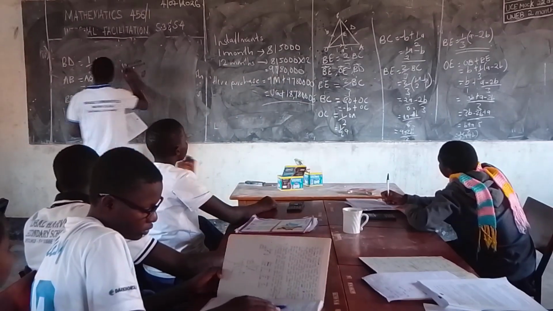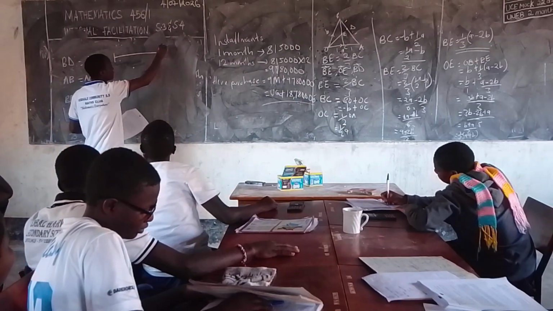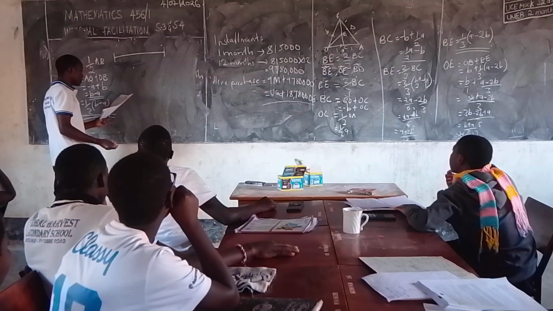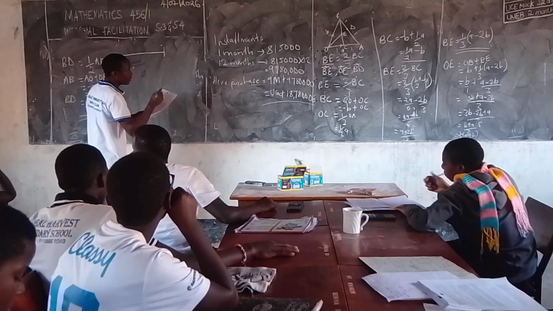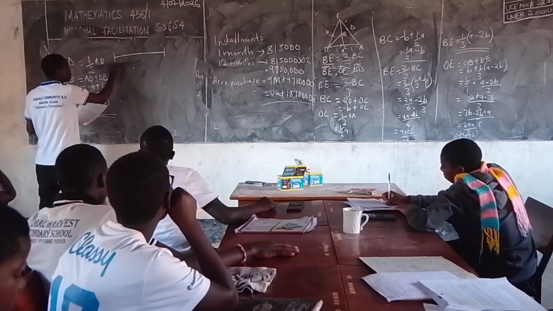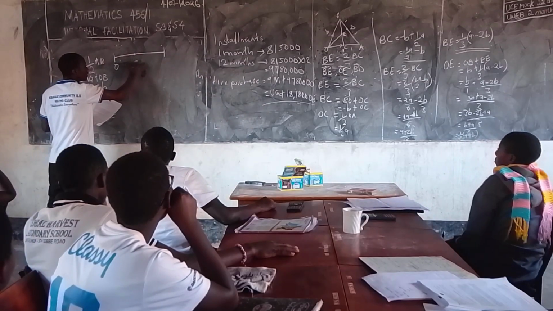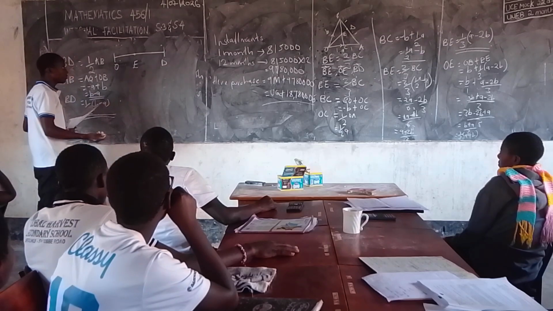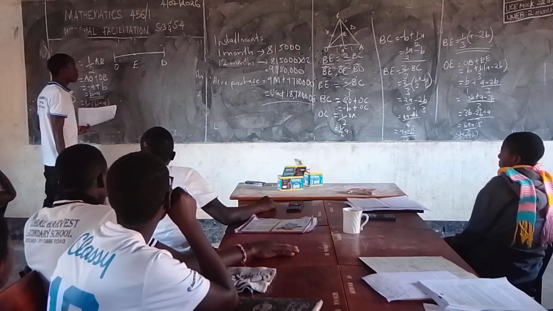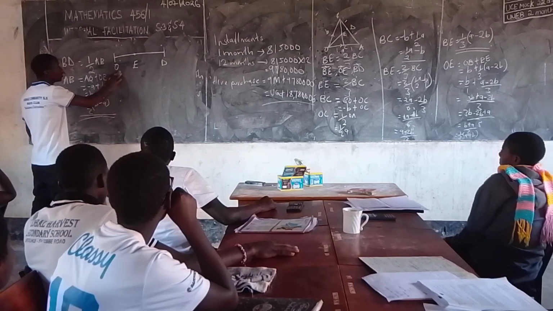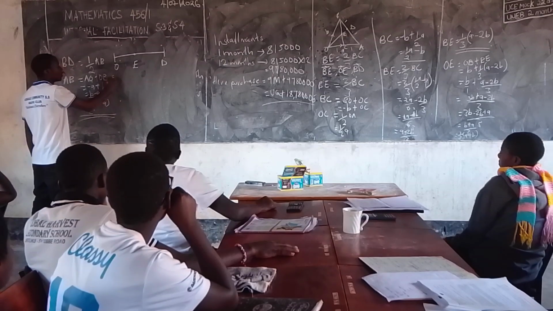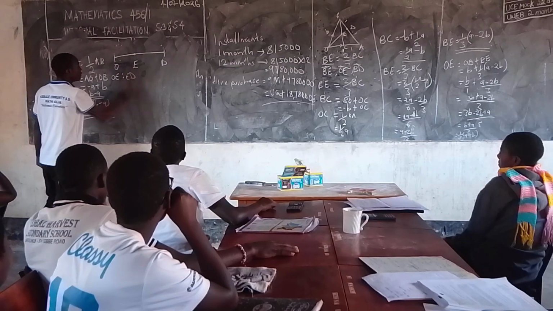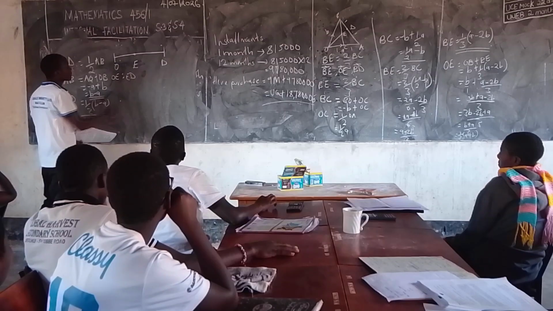In simple terms, we assume that the line is like this, and these are points O, E, and D. We are going to verify if it's true; they will give us a common ratio. So we are going to look for the ratio of OE to ED, to verify if they are on the same line.